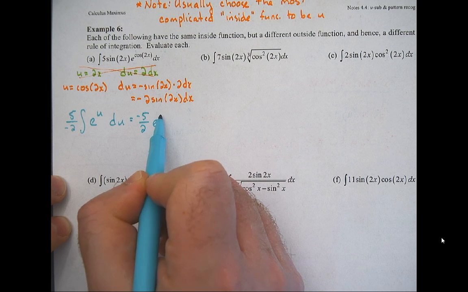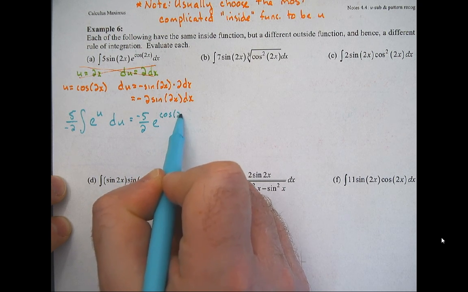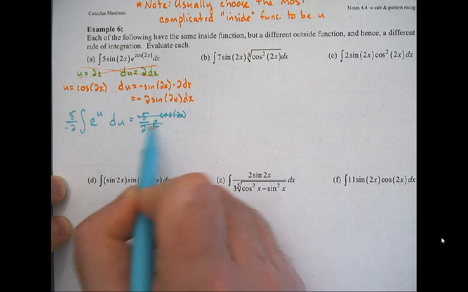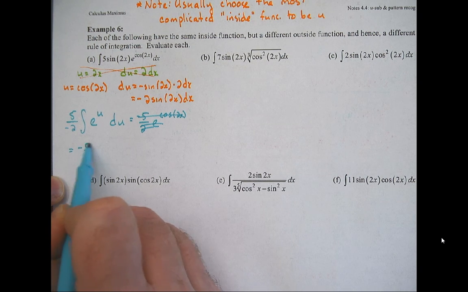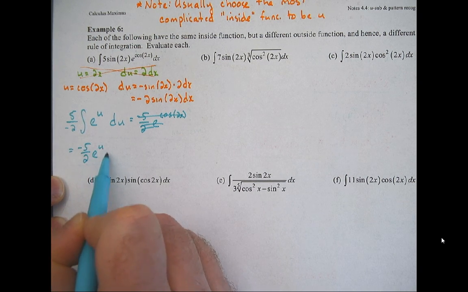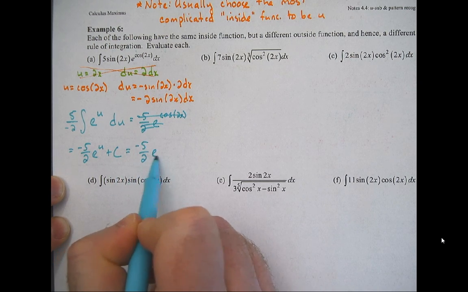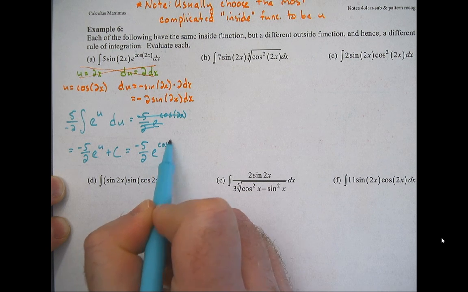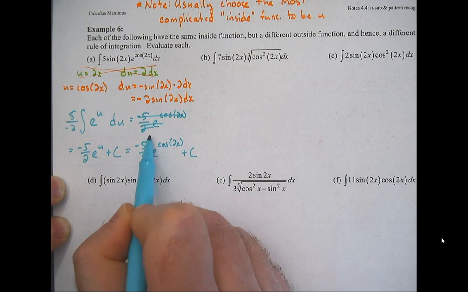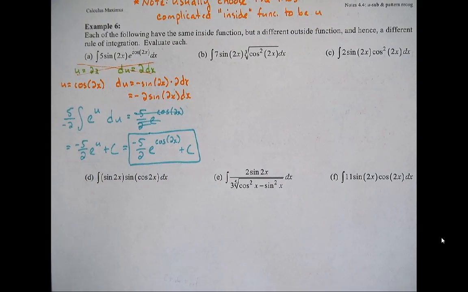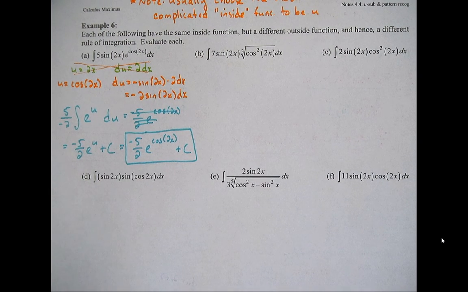I'm going to just go ahead and plug it back in. e to the u, our u is cosine of 2x, plus c, which we can now clean up. Negative 5 over 2 e to the cosine of 2x plus c. That plus c is a whole point on a free response section. Or multiple choice, but you wouldn't forget it on a multiple choice, I should hope.